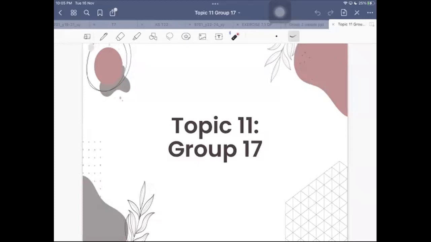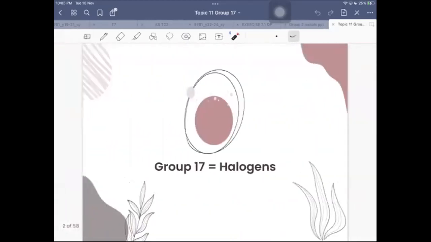Today we're going to start with a new topic. This would be the second last topic of your AS syllabus. It falls under the inorganic chemistry and it is topic number 11 where we will be covering group 17, or you may have previously known it as group 7.